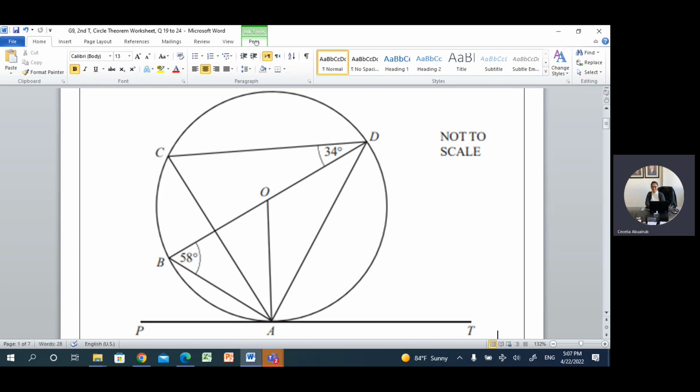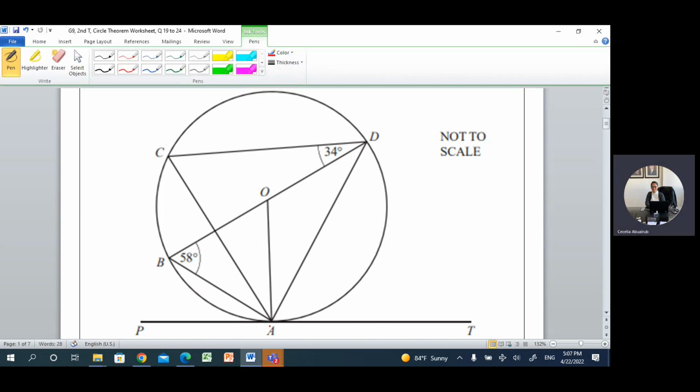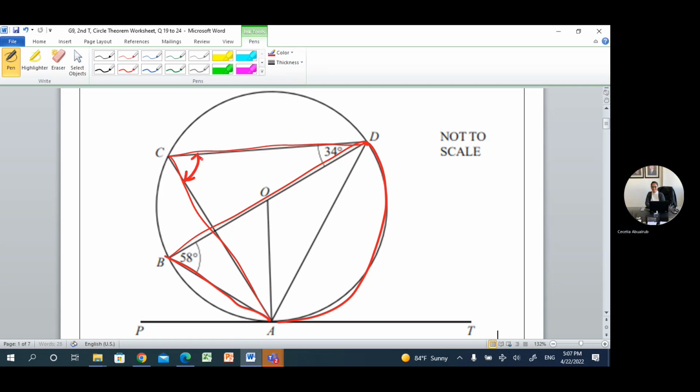I would say if you go A, B, D, this is an angle at the circumference, and A, C, D is an angle at the exact same circumference, and they're both facing arc AD. So this angle here is also 58 degrees.